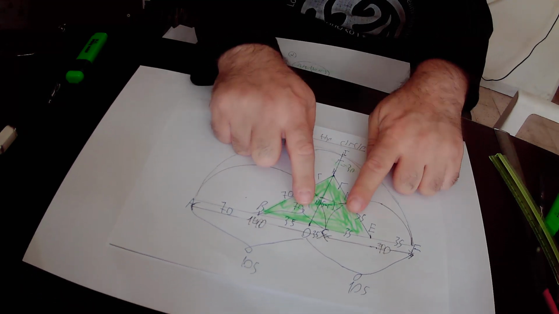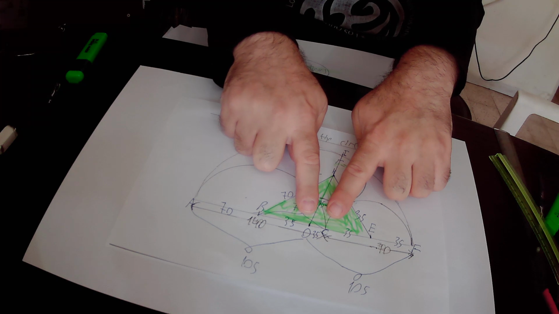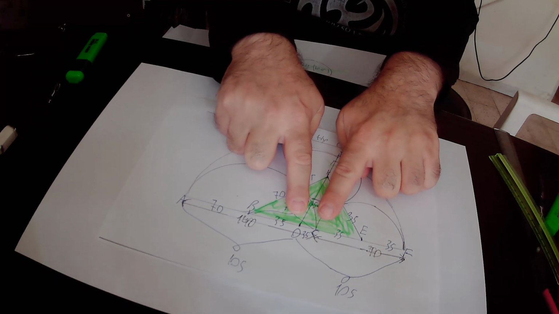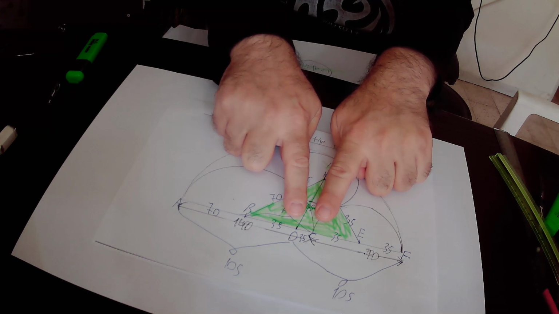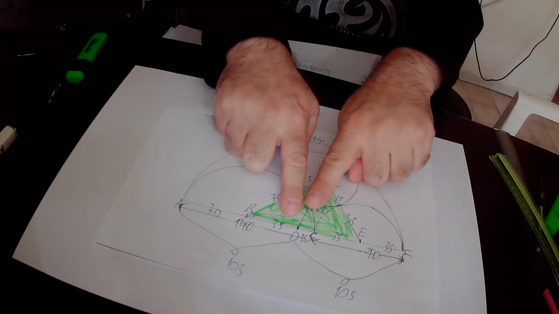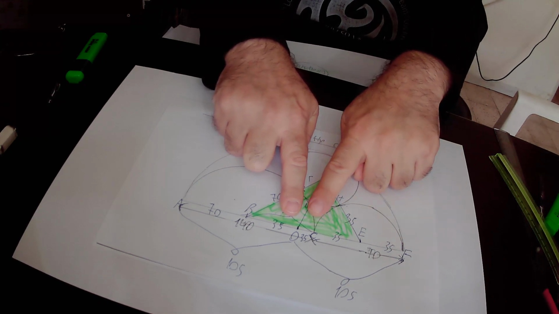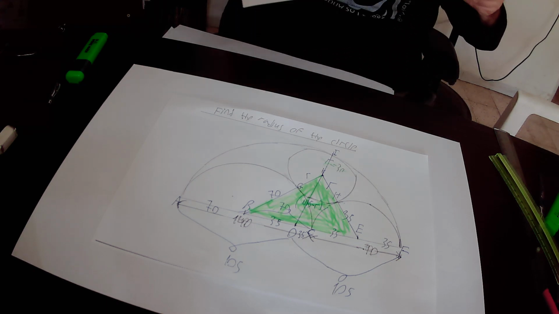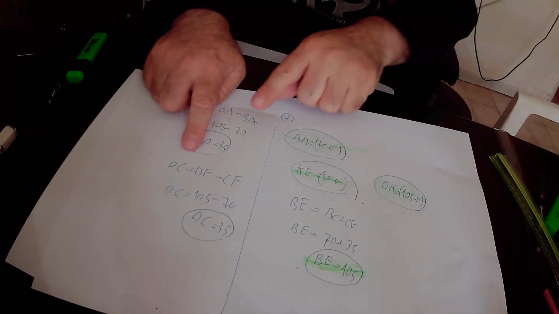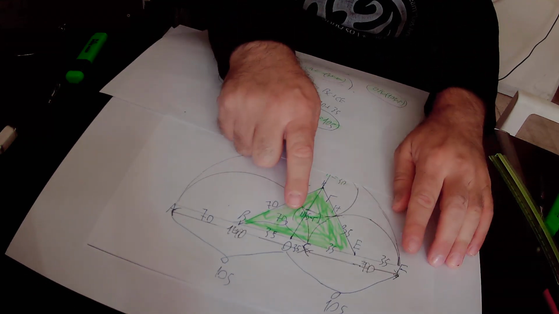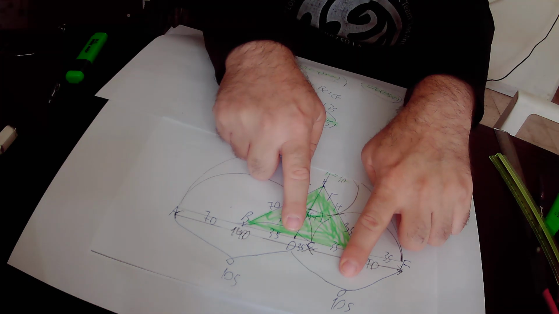Then we find the length of this line segment CO. From the drawing, it is very easy to see that CO, or OC, equals OF minus CF. Again, OF minus CF equals OC. Repeat again: OC equals OF minus CF. OF is the radius of the biggest semicircle, that is 105 units.